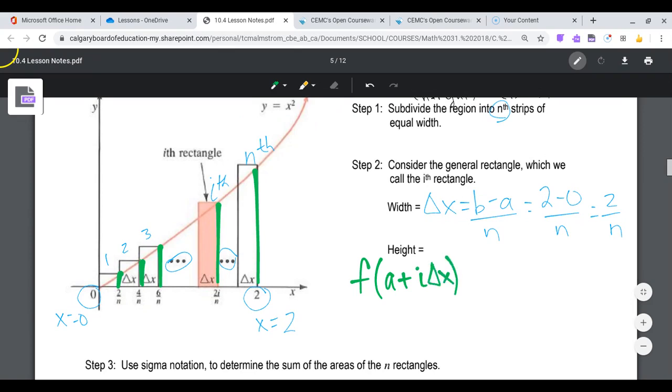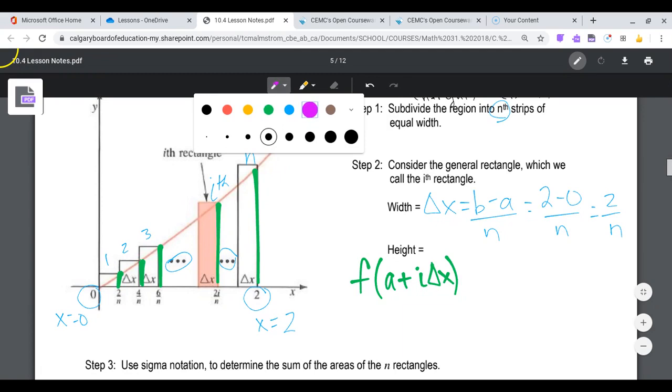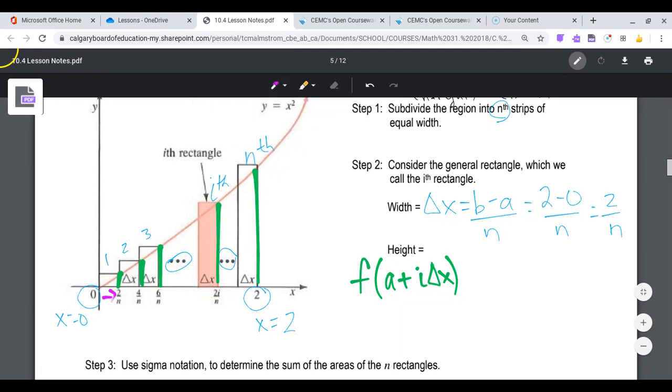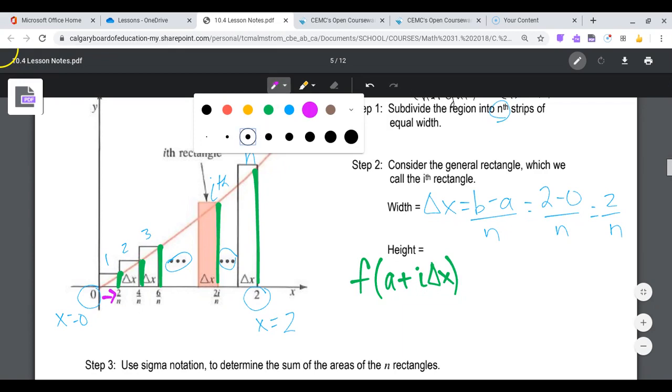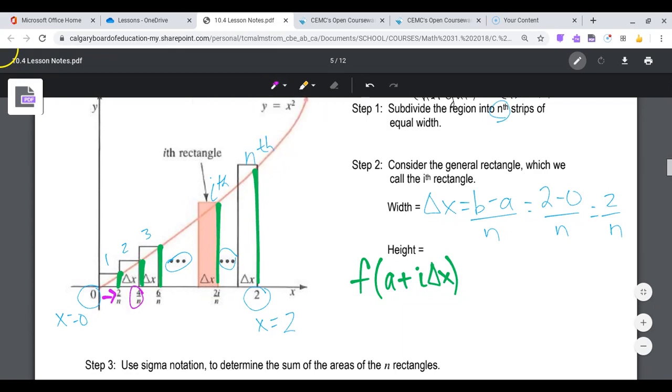So for the ith rectangle, it's trying to get to where we are on our x-axis. In the first rectangle, that's 2 on n. In the second rectangle, that's 4 on n. For the ith rectangle, it's 2i on n.